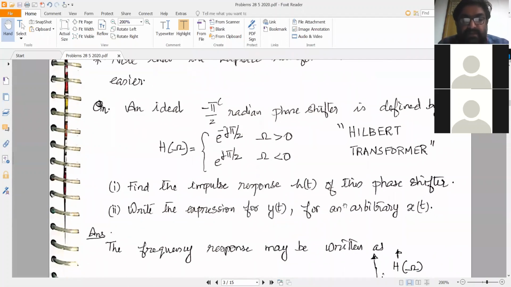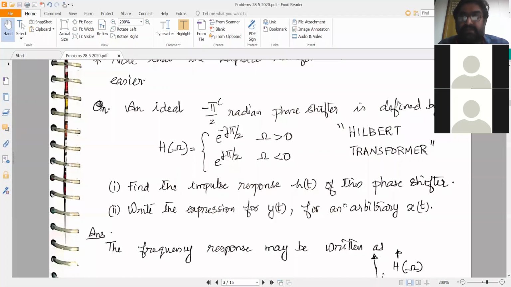E4B students should remember that we had discussed the case of an ideal 90-degree phase shifter. You would have discussed this when you saw the third method for single sideband generation in communication systems.